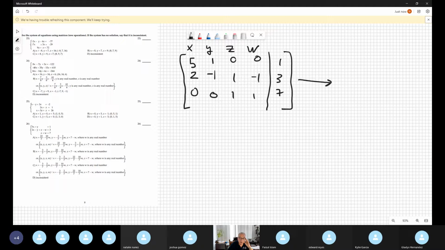Okay, so we expect no unique solution, because to have a unique solution, the matrix must be square, so we have the same amount of equations and the same amount of unknowns. Here we have 4 variables and 3 equations, so subtracting is 1.